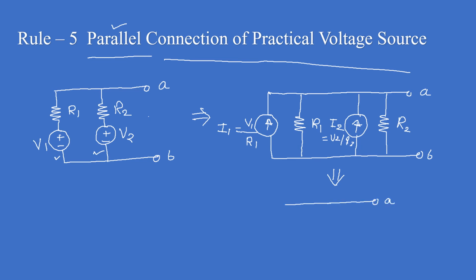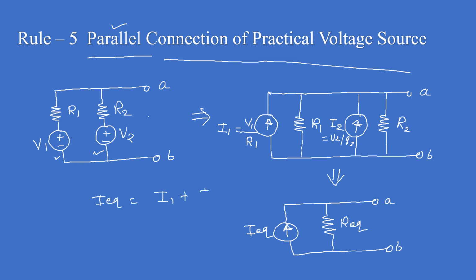So this is point A like this, and this is B. So this is R equivalent and this is I equivalent. So what is I equivalent here now? I equivalent is simply the values of I1 plus I2. And what is R equivalent?